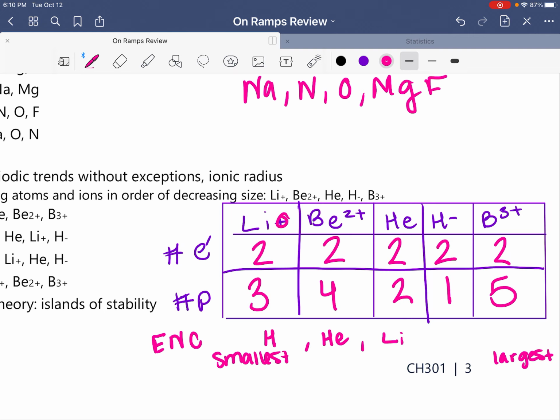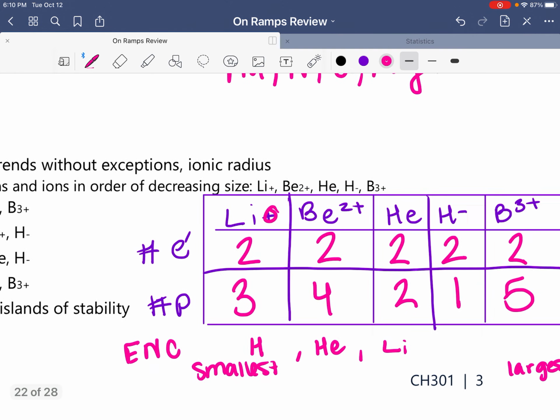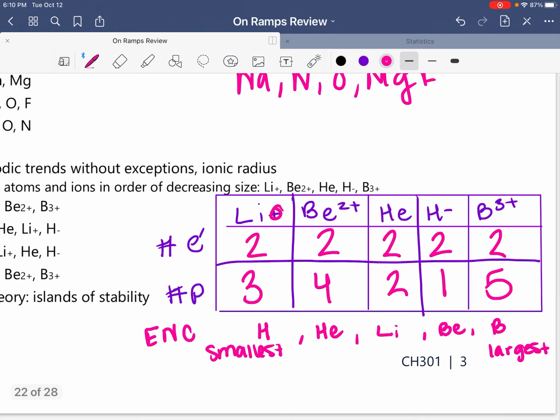Then we have lithium with 3 protons in its nucleus. Then we have beryllium with 4. Then we have boron. Okay?